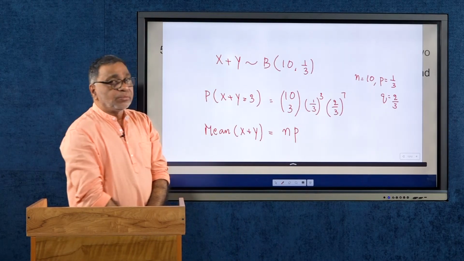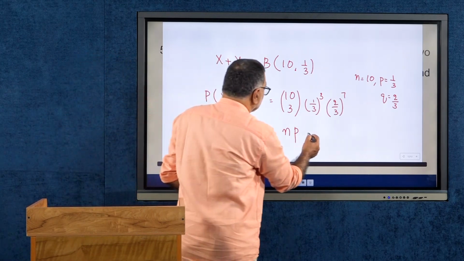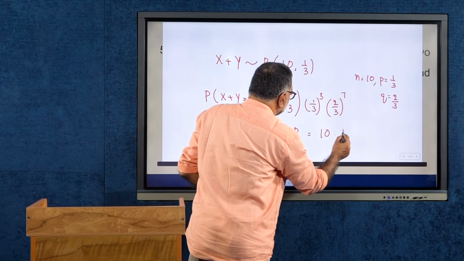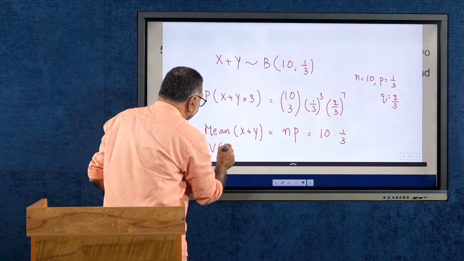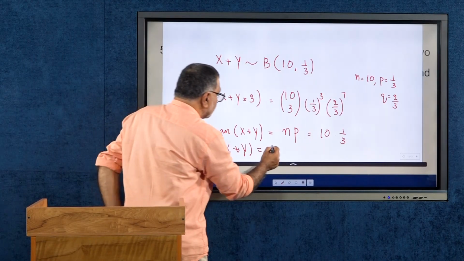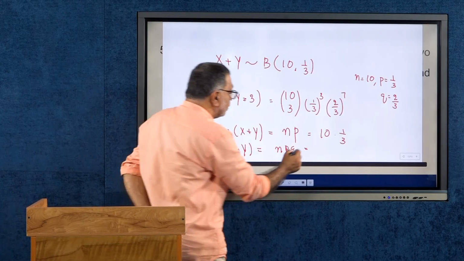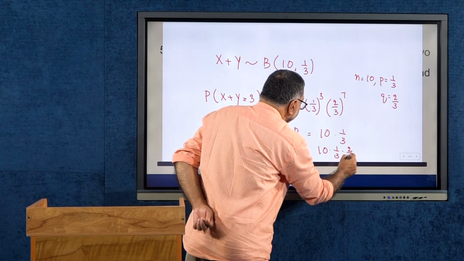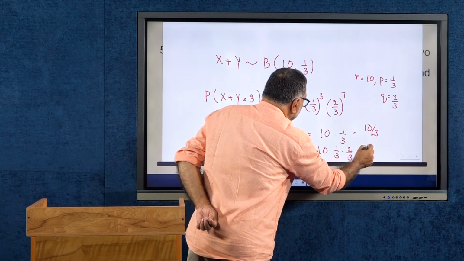For a binomial random variable with parameters n and p, mean is equal to np, and this is equal to, n is equal to 10 and p is equal to 1 by 3, 10 by 3. And similarly, the variance of x plus y: the expression is npq, which is equal to 10 into 1 by 3 into 2 by 3. So the mean is 10 divided by 3, and the variance is 20 divided by 9.